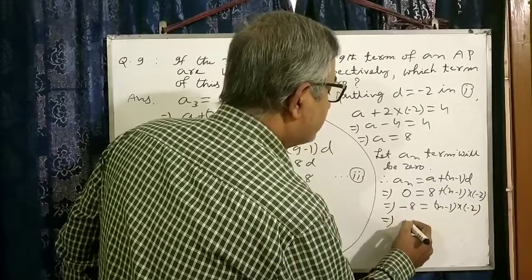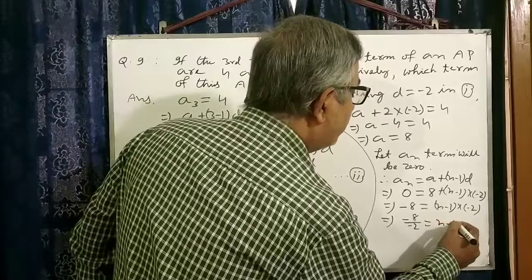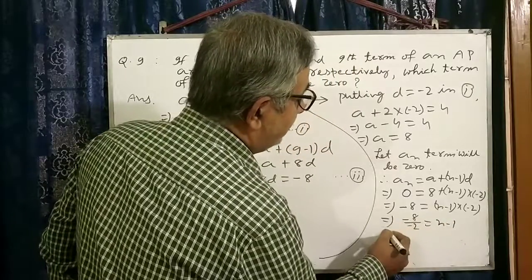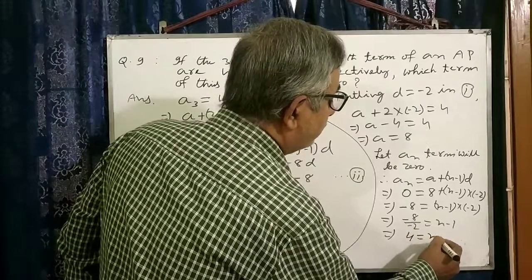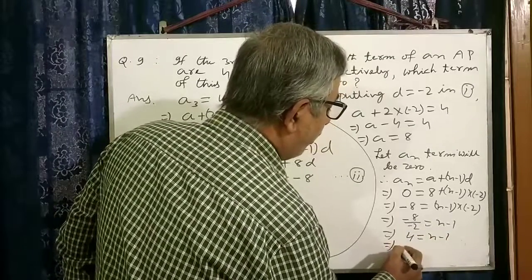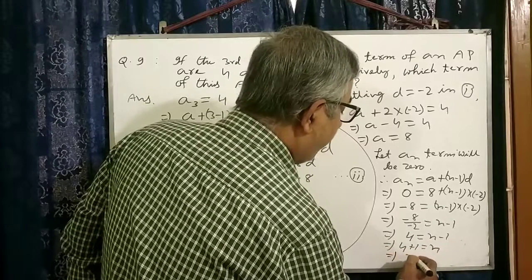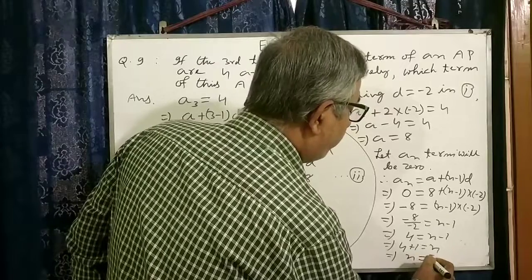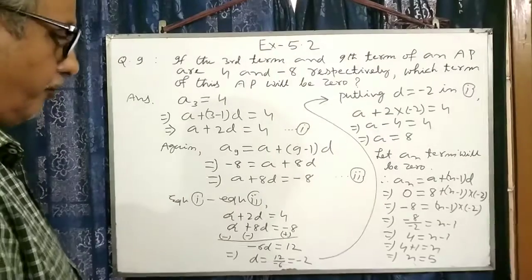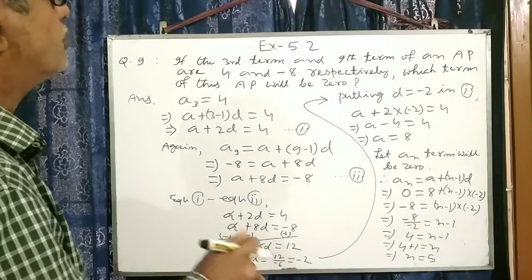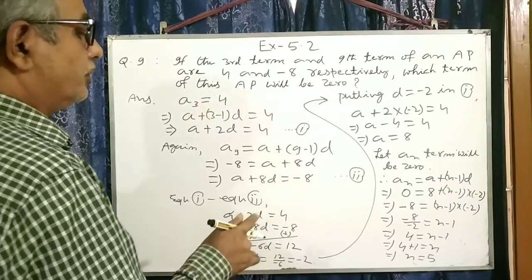What happens? This minus 8 by minus 2 is equal to n minus 1. Minus minus cancel and 8 will be cancelled by 2. So you are getting 4. 4 is equal to n minus 1. Therefore, 4 plus 1 is equal to n. Therefore, n is equal to 5. So, which term will be 0?